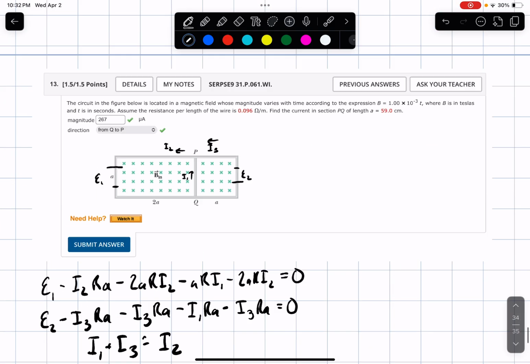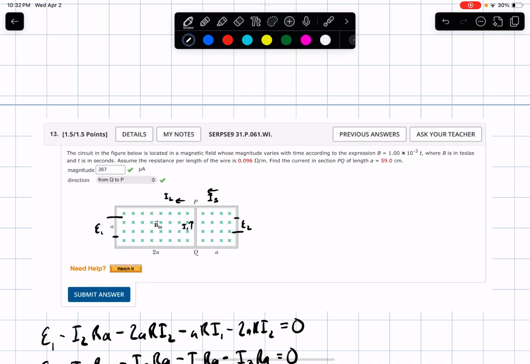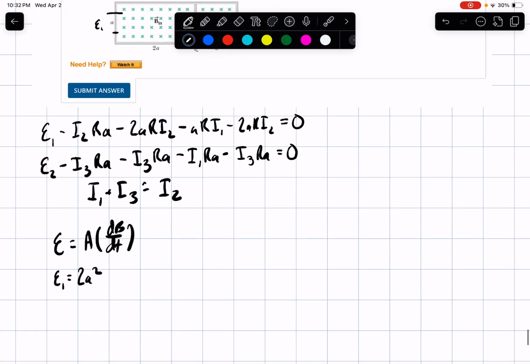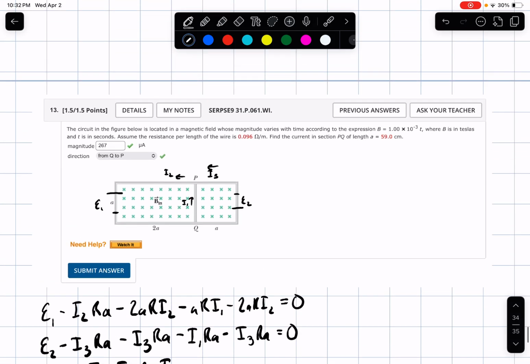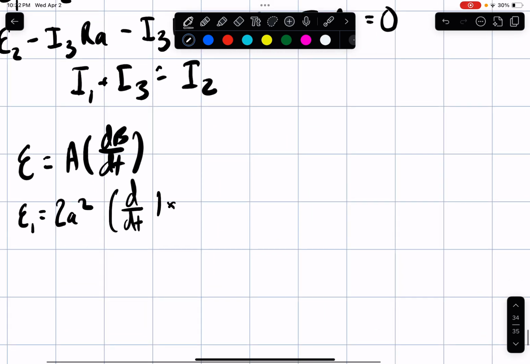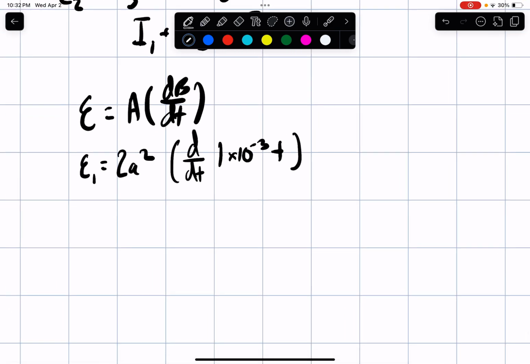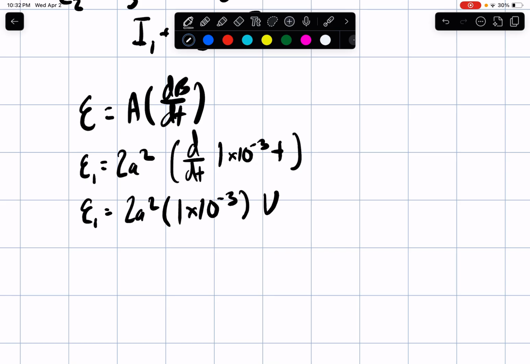And for your dB/dt, you have your B, which is 1 times 10 to the negative third t. So it would be times d/dt of B, which was 1 times 10 to the negative third t. If you take the derivative, you get that the EMF is 2A squared times 1 times 10 to the negative third, in volts.